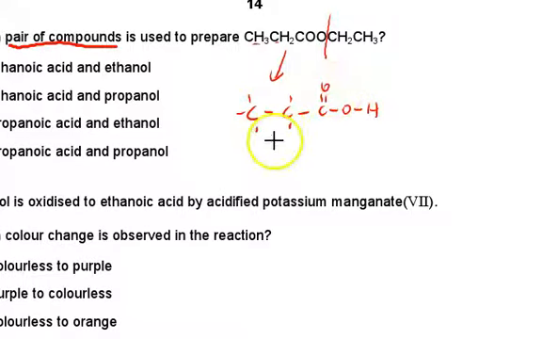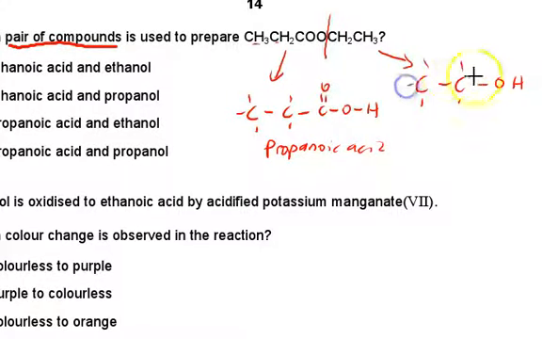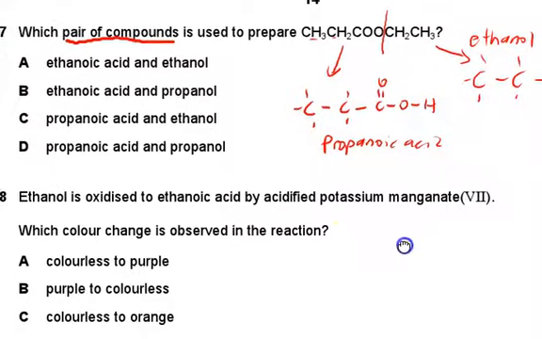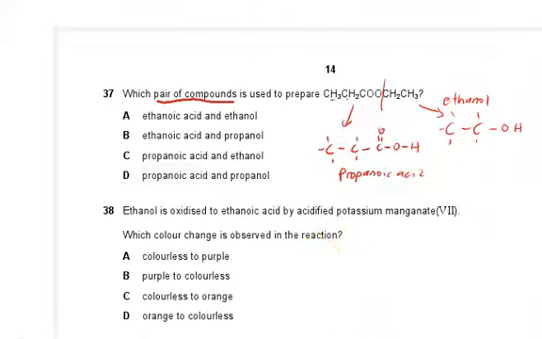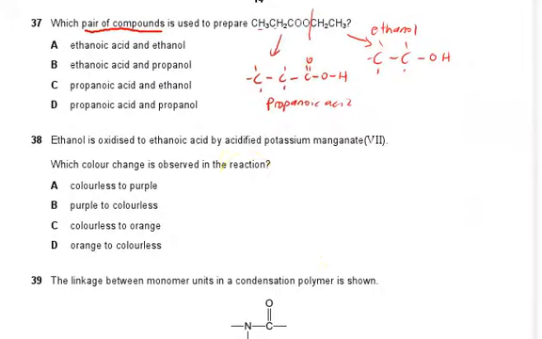Okay, this is propanoic acid. And this one will be coming from alcohol, which is C2. So this is ethanol. So it should be coming from propanoic acid and ethanol. So the answer is C here.